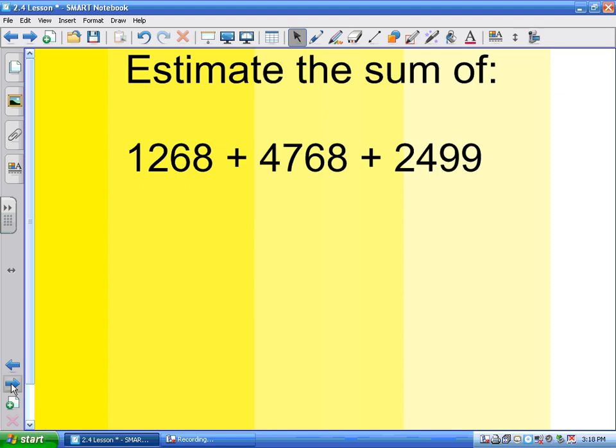Let's see if you can estimate this number in your head, to the nearest thousand. No paper. In your head. Okay, just one second. Give everybody a chance to work on it.